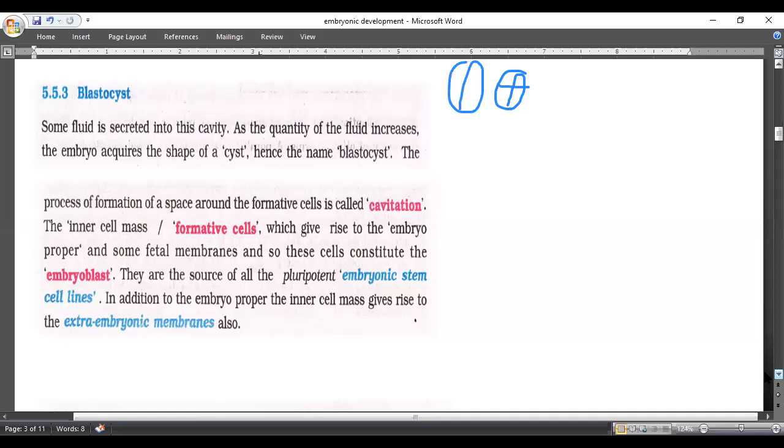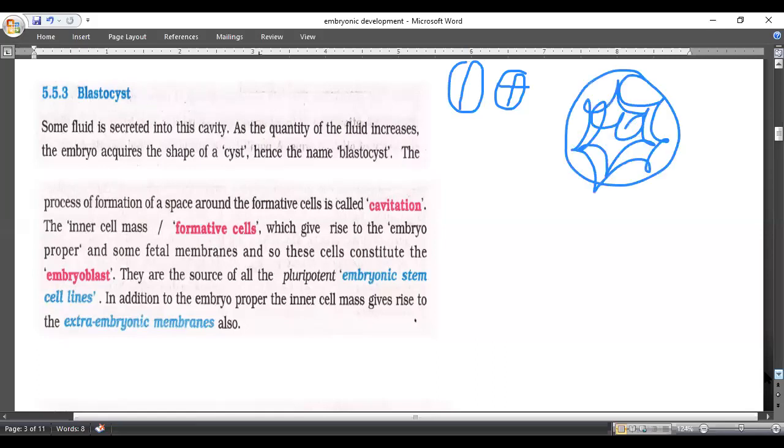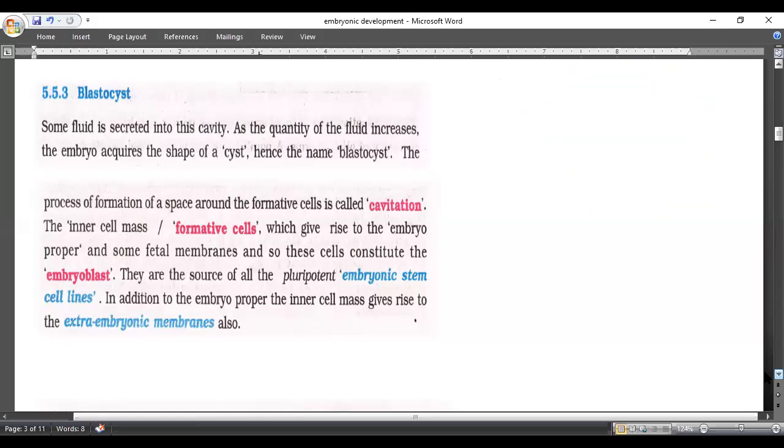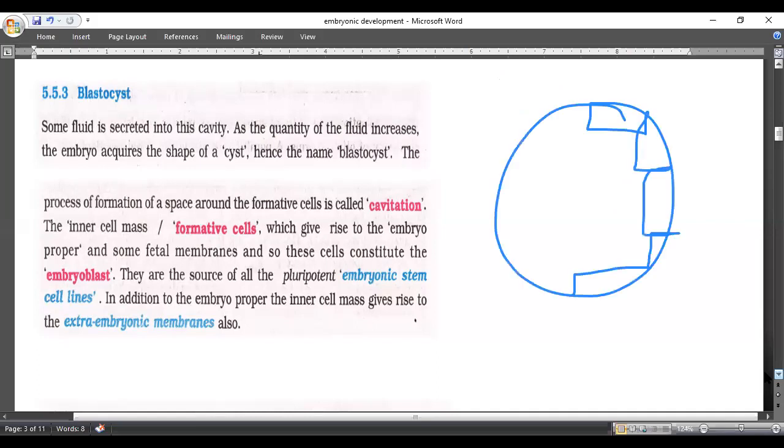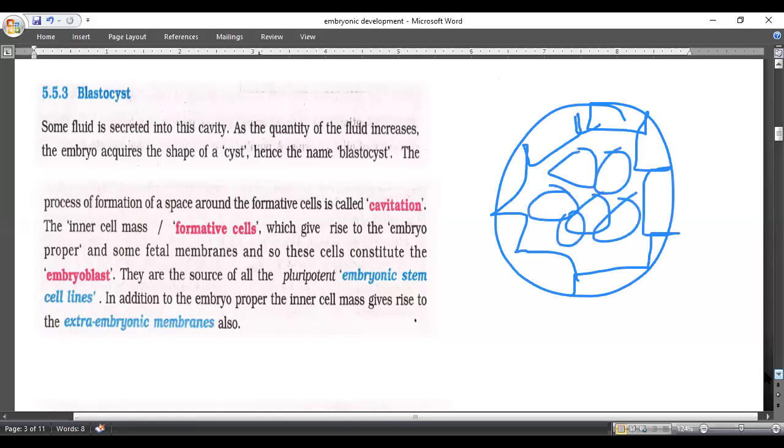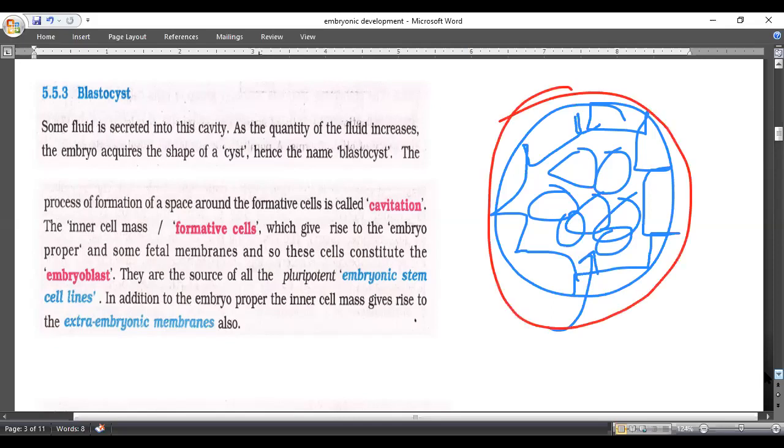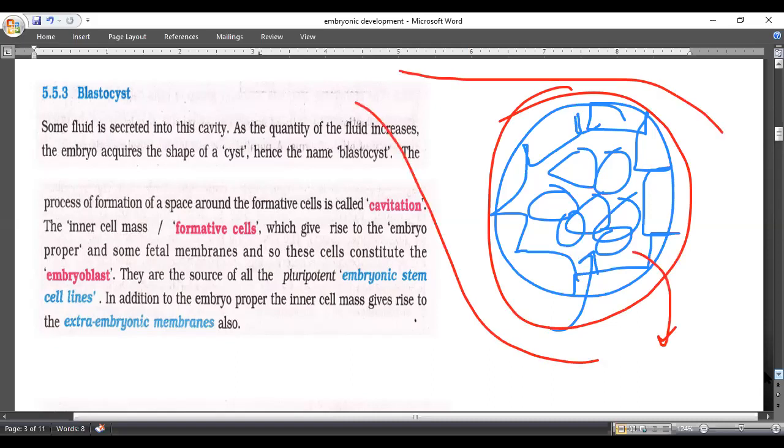When it all divides, that leads to the formation of the morula. The zona pellucida still surrounds the morula, and in the morula the cells undergo compaction. The outer layer of cells tightly packs with tight junctions, and the inner loosely aggregated cells form gap junctions with a small cavity, still surrounded by the zona pellucida. At this condition, from the fallopian tube, it is now dropping into the uterine cavity.